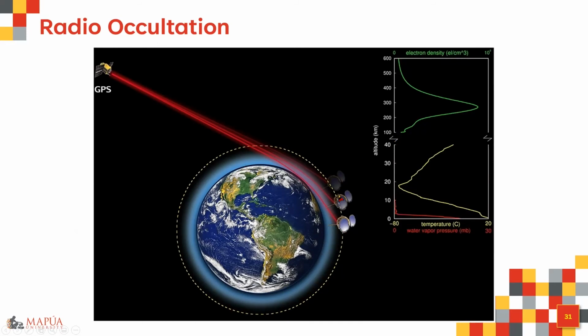So what happens here is that this low Earth orbit satellite has a GPS receiver. So it receives GPS signals from GPS satellites or other GNSS satellites, or global navigation satellite systems.